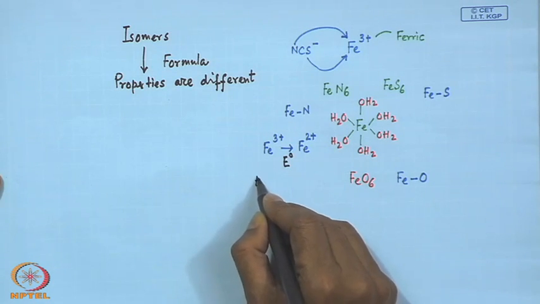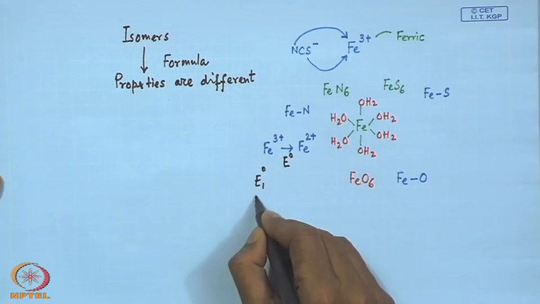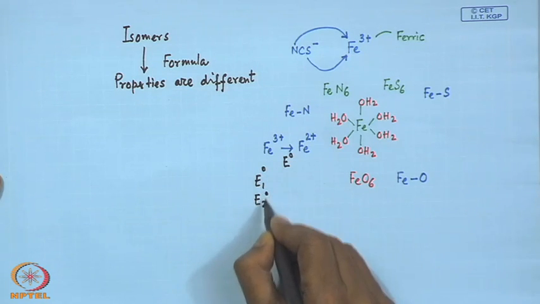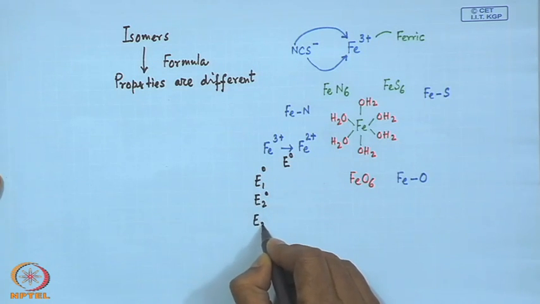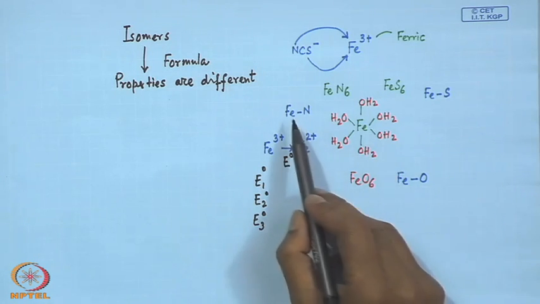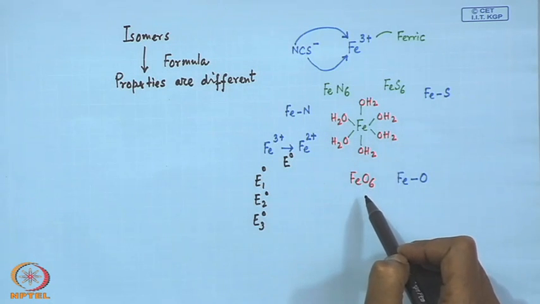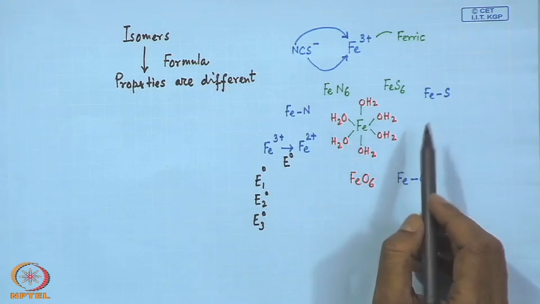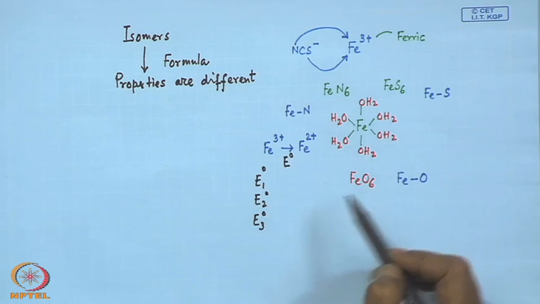So, we can have E1 0, we can have E2 0, or we can have E3 0, which are very much characteristic to 3 different types of species which are forming in the solution, with different ligand arrangements around the ferric center.